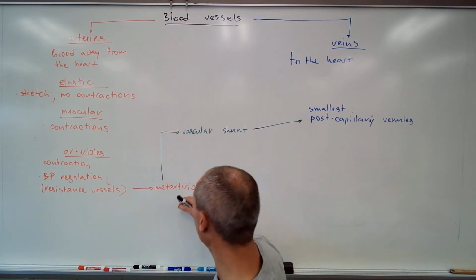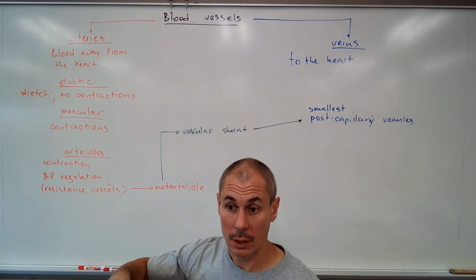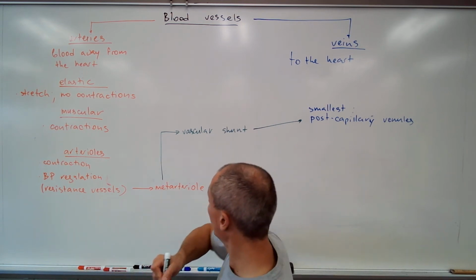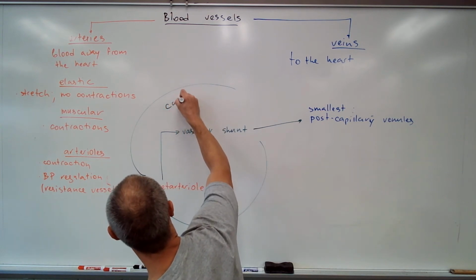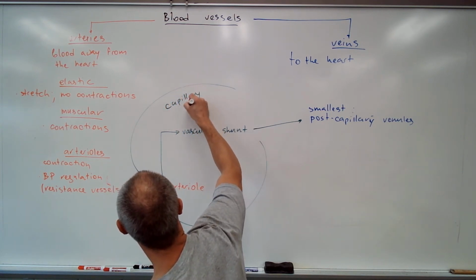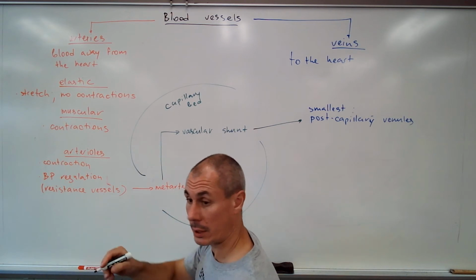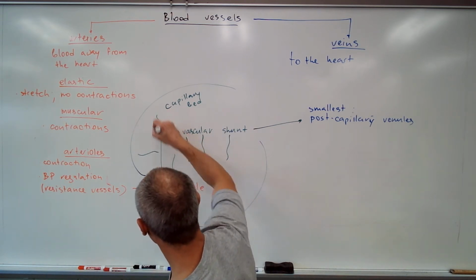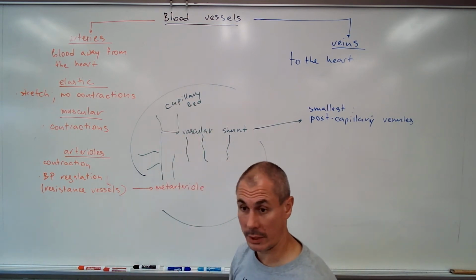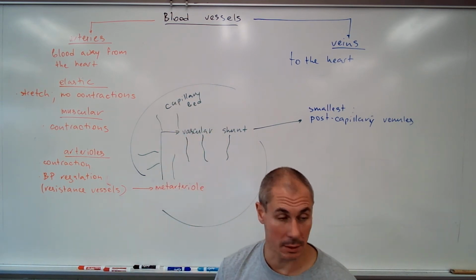Here's the point. Mid-arteriole and vascular shunt, they are a centerpiece of what is called a capillary bed. So check this out. There are capillaries going like this, away from that centerpiece.